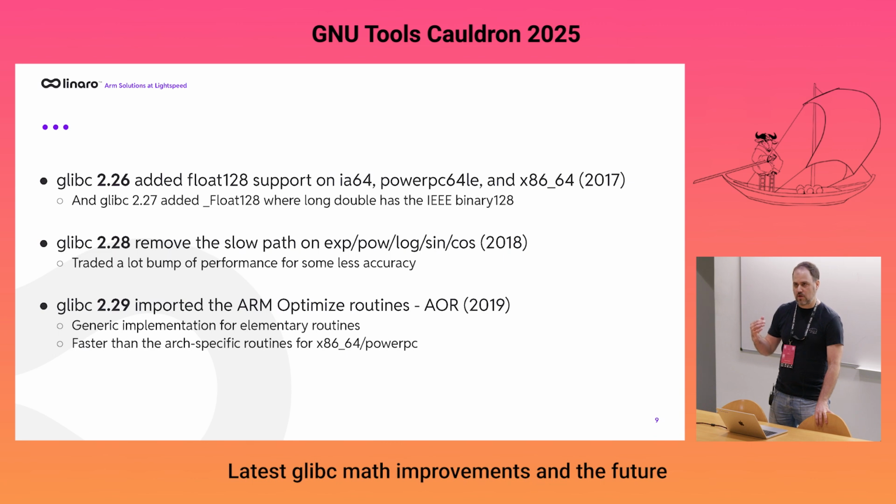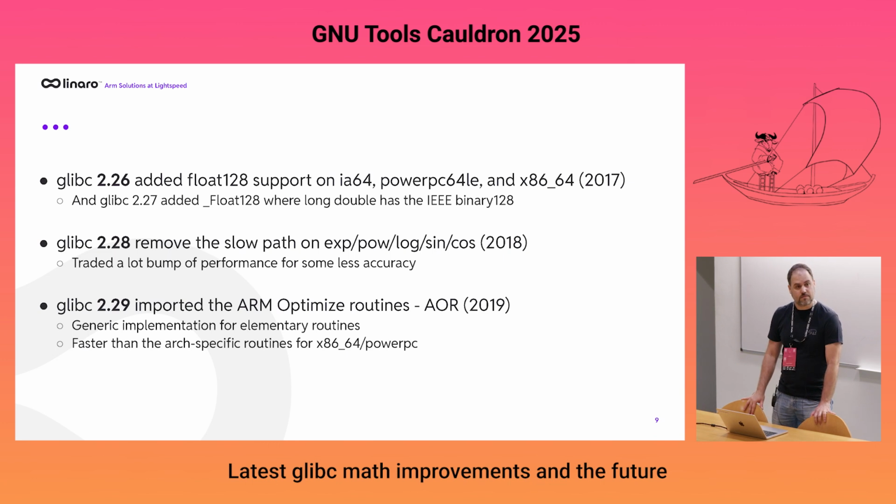So the whole idea is we have a generic implementation that you can use as a generic implementation for the library, and we try to optimize for ARM, but not only for ARM. So the whole idea is trying to come up with different algorithm strategies, new math ideas, instead of trying to optimize assembly by just fixing small bits. And it turned out to be faster than what we had for x86 and PowerPC.